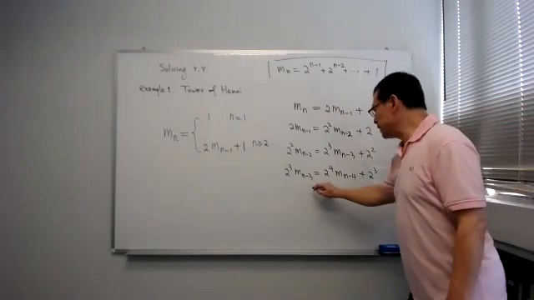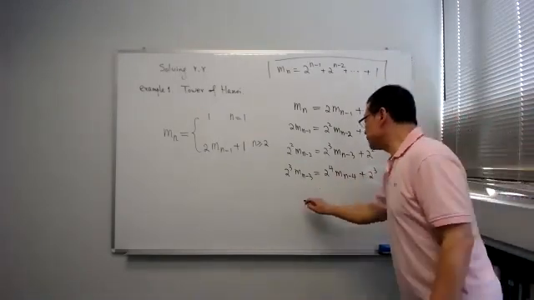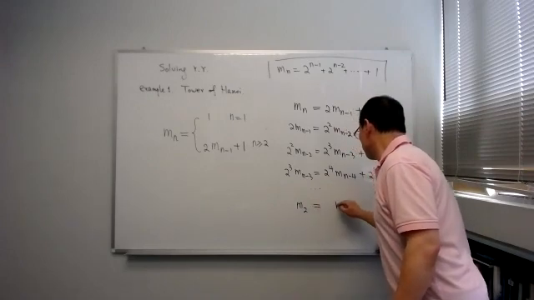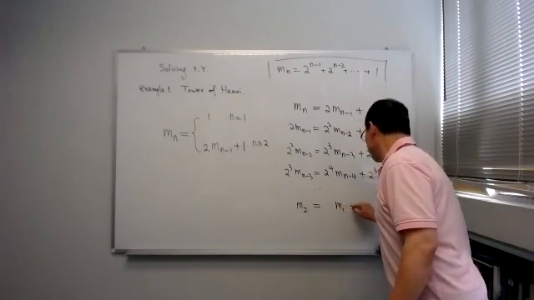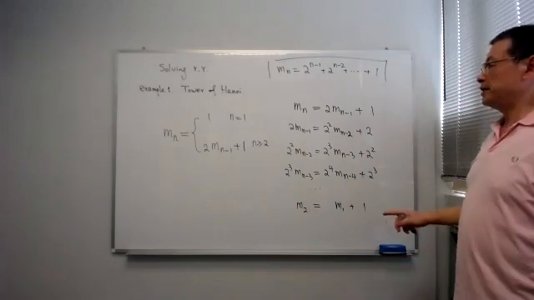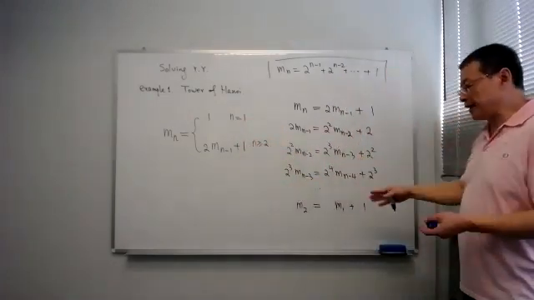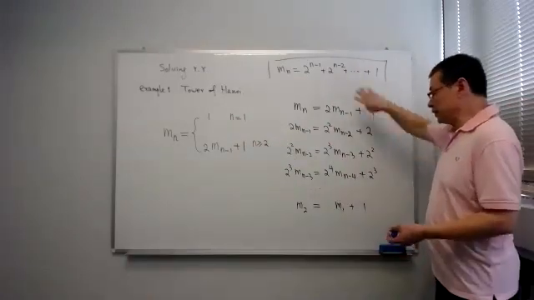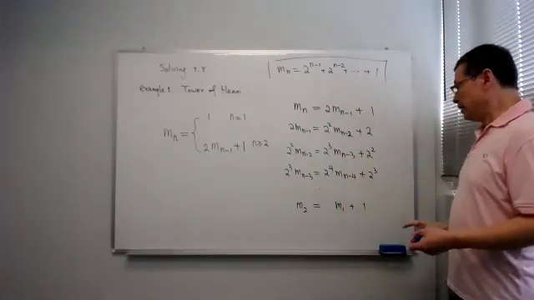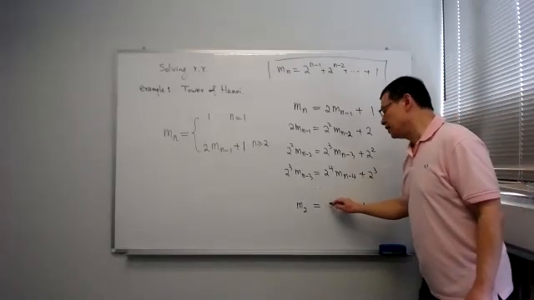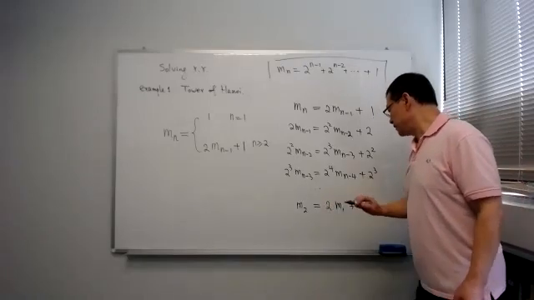Okay, so eventually what we get is M(2) equals M(1) plus 1. Right? Eventually, it's backwards. Initially, when we got the pattern, we did it in this way, but now we do it backwards. So here M(2) equals M(1) plus 1. So here will be 2 here. All right, here will be 2 here.